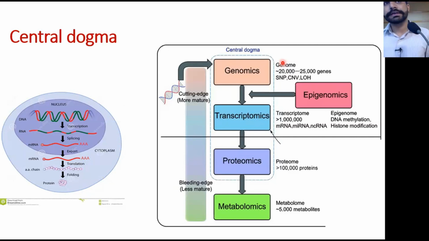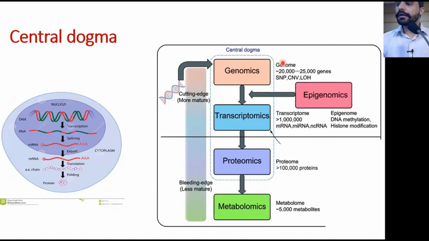Between these two layers, genomics and transcriptomics, there is something known as epigenomics. Epigenomics refers to the marks, such as methylation or acetylation, on the DNA that basically regulate the transcription of genes, and they play a major role in different diseases and development as well.